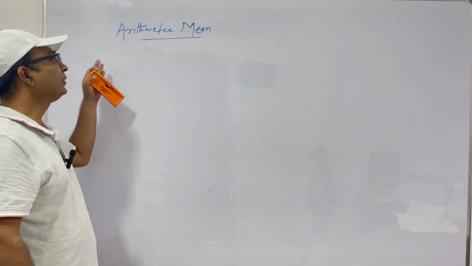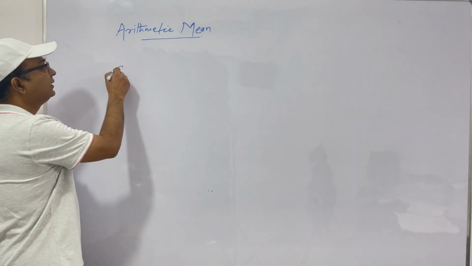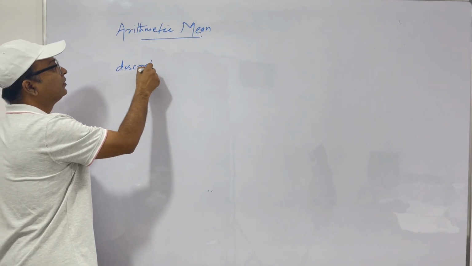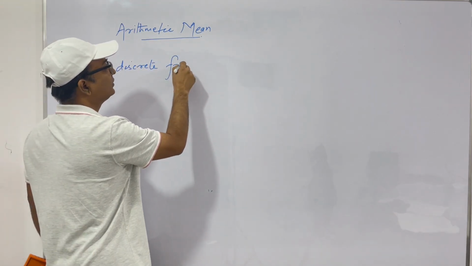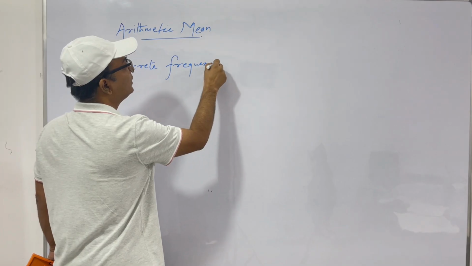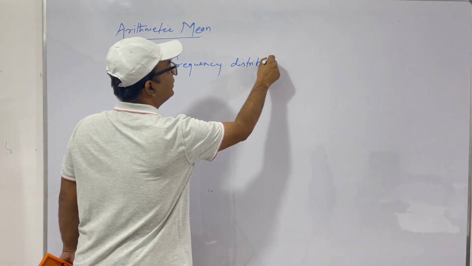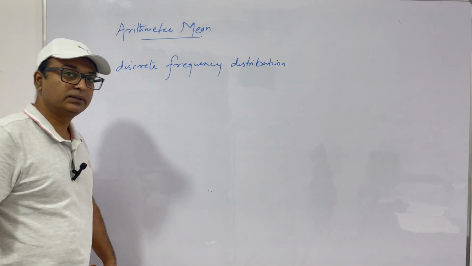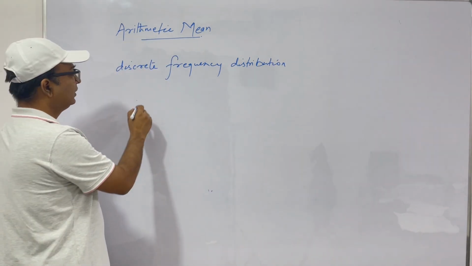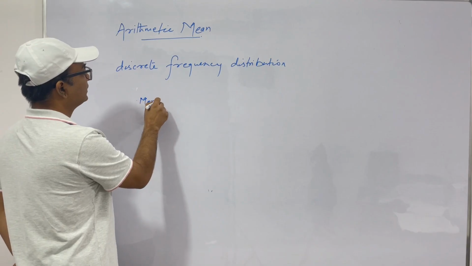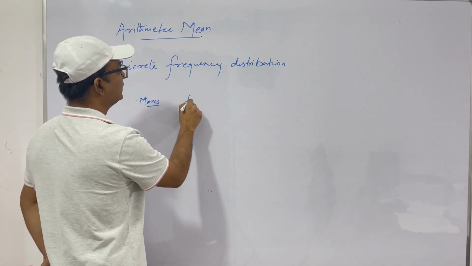Now we will see arithmetic mean for discrete frequency distribution. What is the meaning of discrete frequency distribution? Let's say we have 100 students in a class. Let's say we have this as marks and this is frequency.